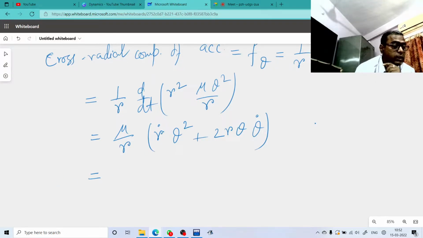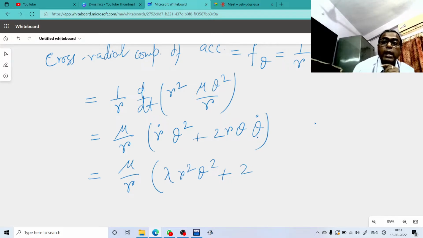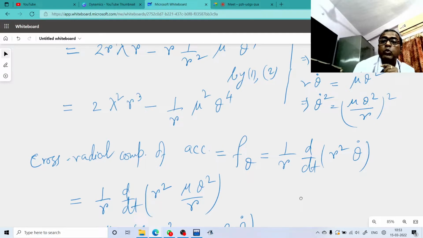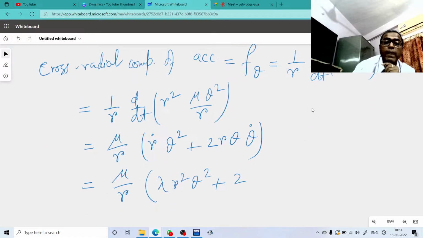Replacing r dot by equation 1, mu by r equals lambda into r square into theta square plus 2, and the value of theta dot is mu theta square by r. Put this mu theta square by r, and you get mu into theta cube, by 1 and 2.